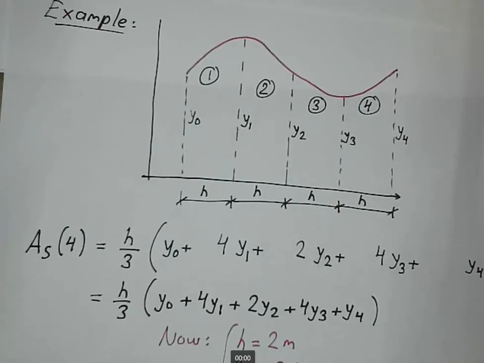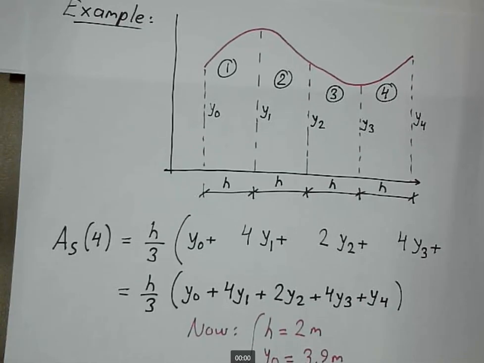And this formula could be used also for subdivision to 6 parts or 8 parts or 10 parts, etc. And usually we get more exact answers to the area if we use more subparts there.